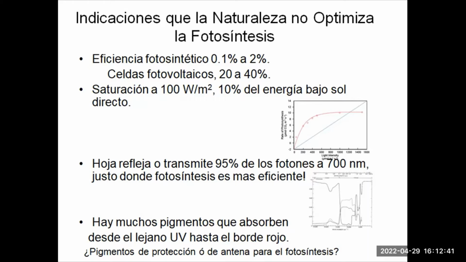So if nature was optimizing the reproduction, for example, the growth of plants, the spread of plants, then you would expect the photosynthetic efficiency to be much higher than it actually is. And just as an example, humans have made photovoltaic cells which have efficiency of about 20 to 40% of converting sunlight, the free energy in sunlight, into electrical energy.